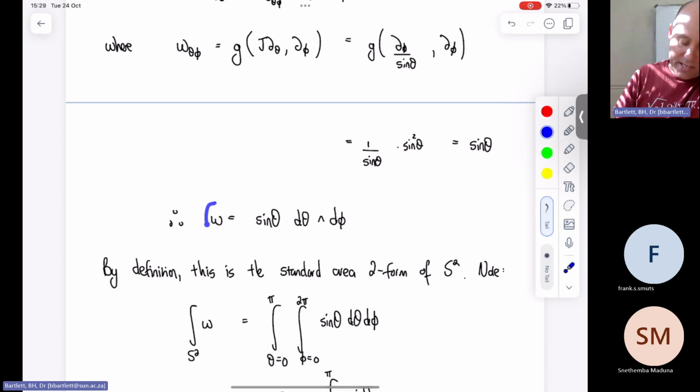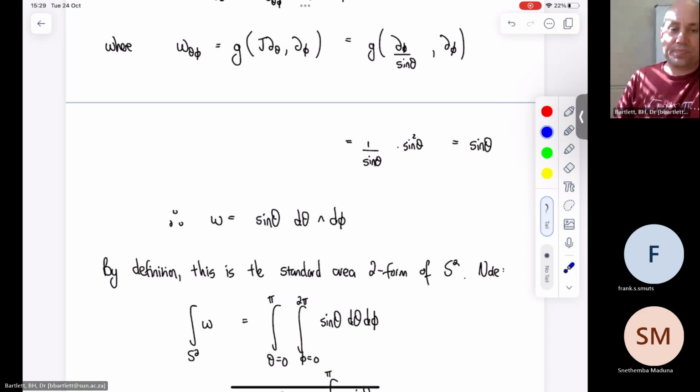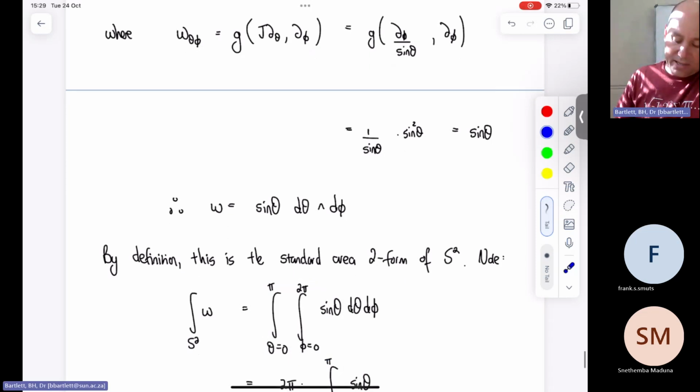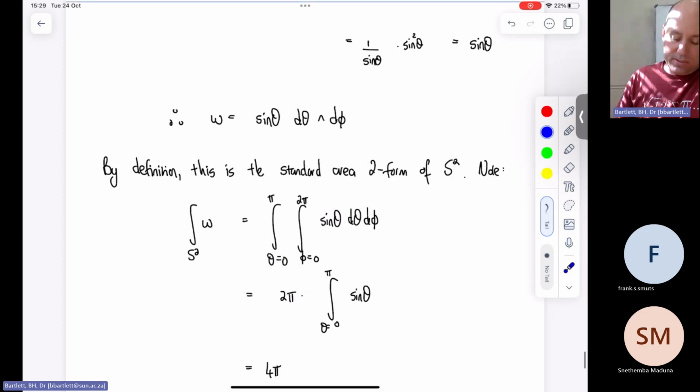So if I'm integrating omega over the 2 sphere, what that boils down to is calculating this ordinary integral. This is an ordinary double integral, right? How do I calculate that? Well, the phi integral I can immediately do to give me 2 pi. I've got to integrate sine theta from 0 to pi, and that's going to give me 2.